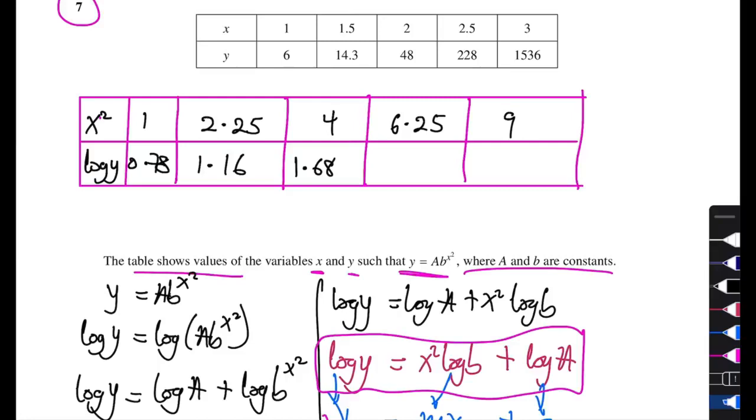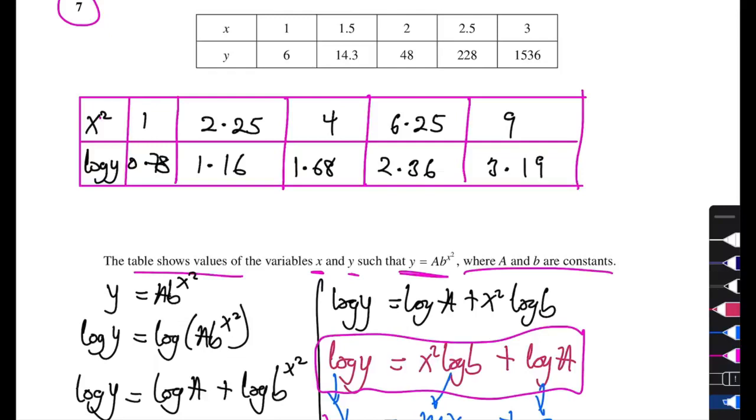Followed by log 228, and log 228 is 2.36. All right, and finally we have log 1536, and that will give us 3.19.